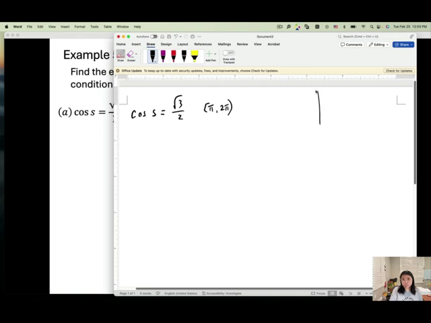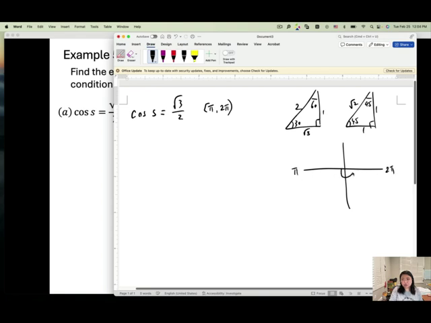Okay, before that, we're going to draw the special triangles. We have a 30, 60, and then we have a 45, 45. Okay, and the interval will be between pi and 2 pi.